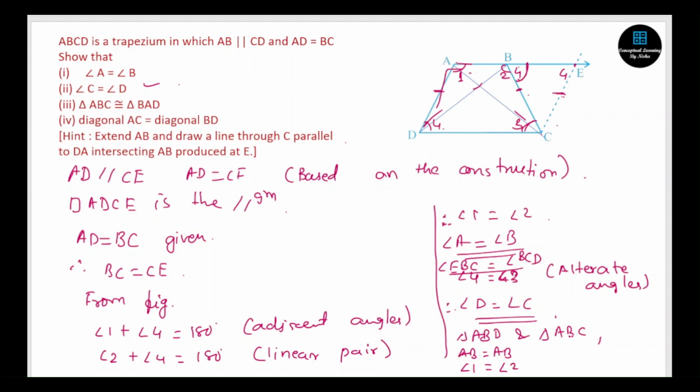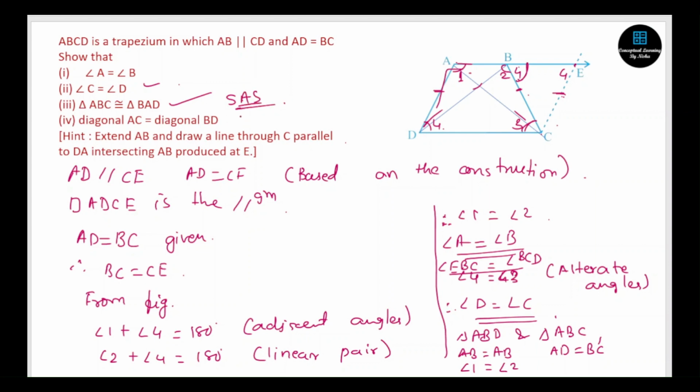And also AD equals BC, given. So by SAS, what can I say? These two triangles are congruent. So you have to write that, just complete writing this by SAS.